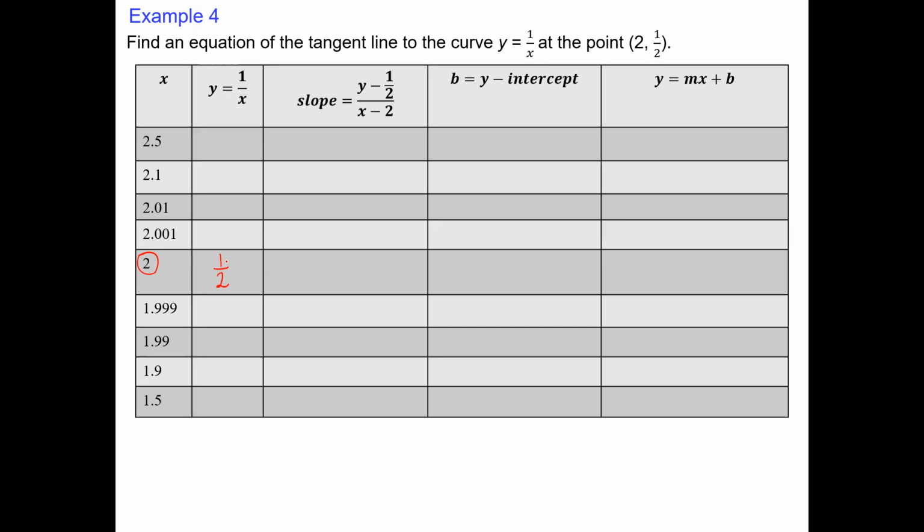When I subtract 1/2 minus 1/2 over 2 minus 2, there is no rise, no run. That's not exactly the way that we will do it.